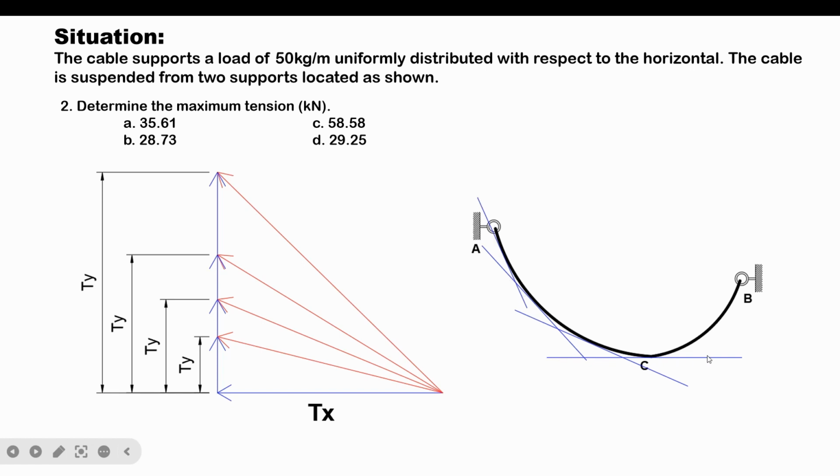So what's the importance of why we've discussed this? Basically, this has something to do with the location of the maximum tension. The maximum tension will be acting at the point along the cable wherein the tangent at that point is steep relative to the other points of the cable.